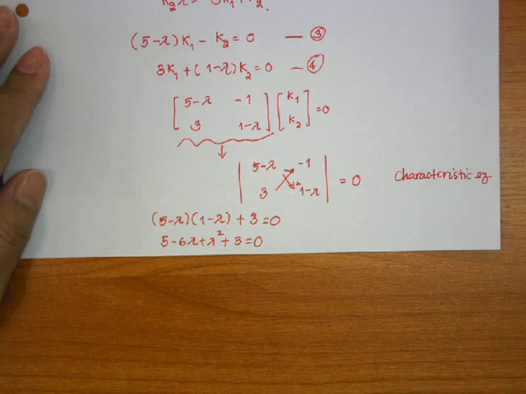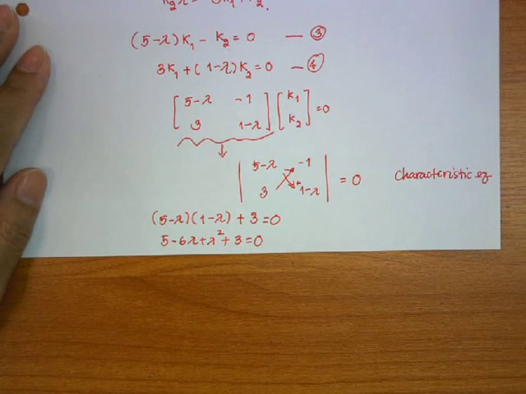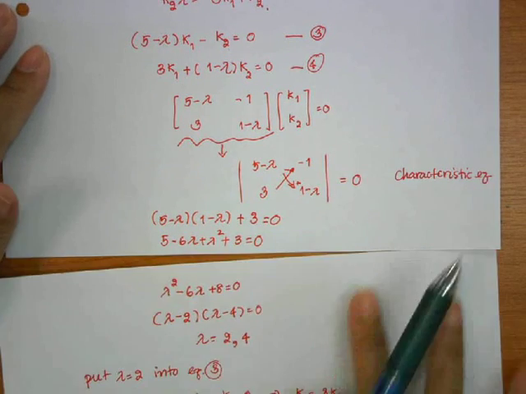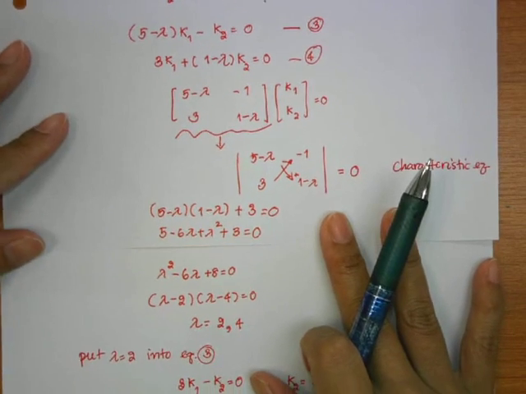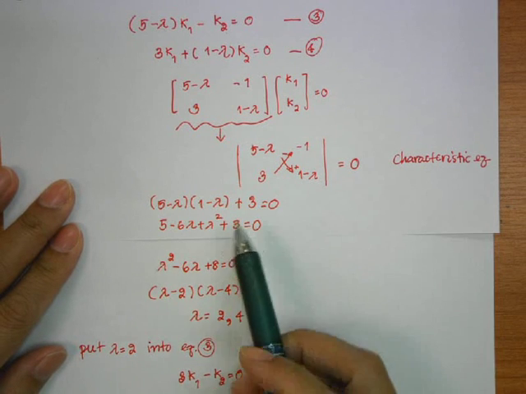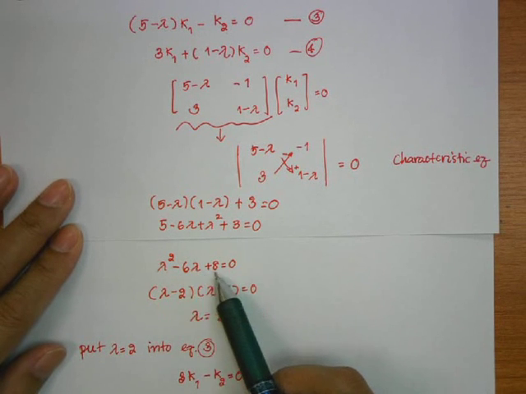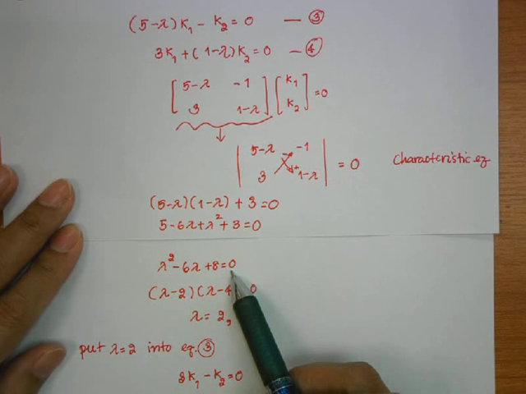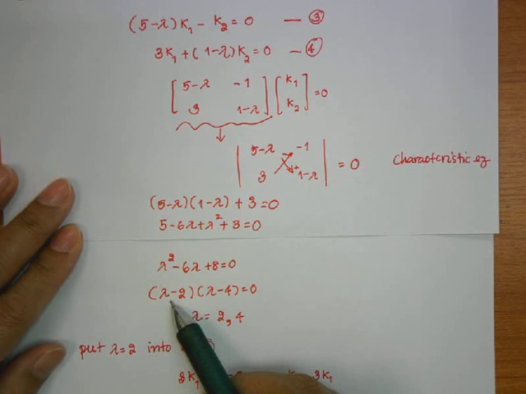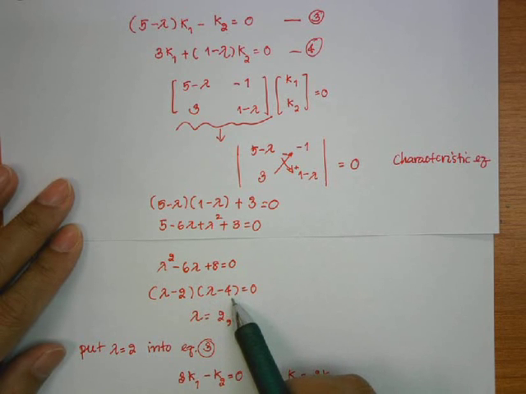Which is the polynomial equation. So you would get lambda squared minus 6 lambda plus 8 equal to 0. This one you can write as lambda minus 2 times lambda minus 4, so you have two values of lambda, which are 2 and 4.